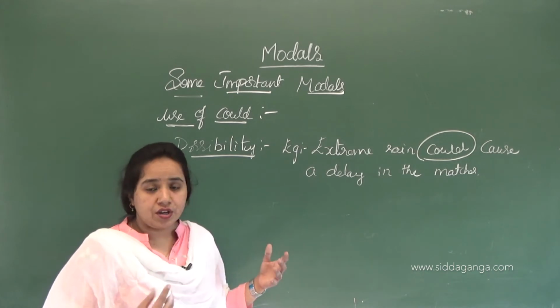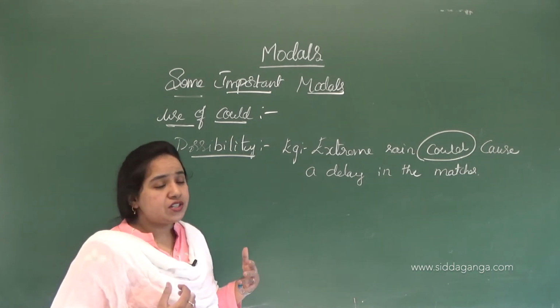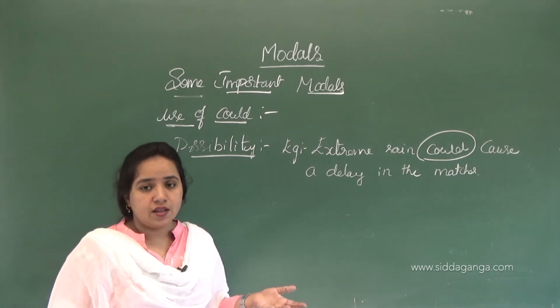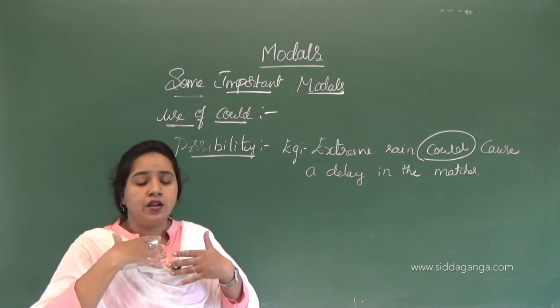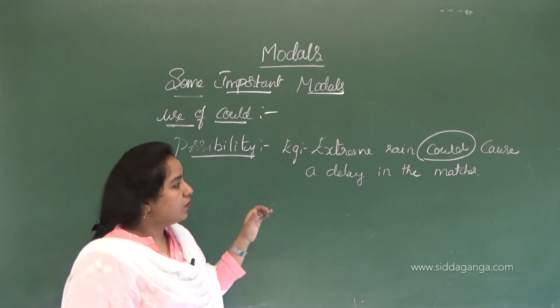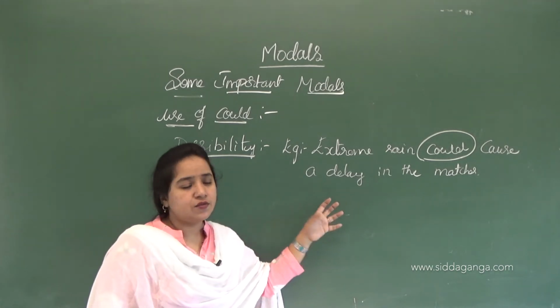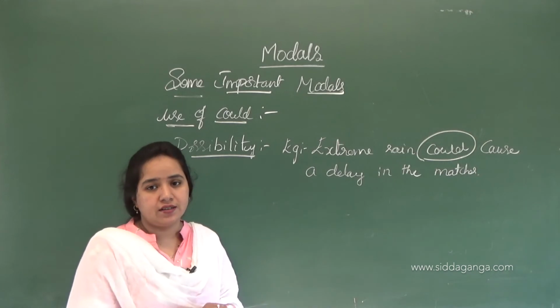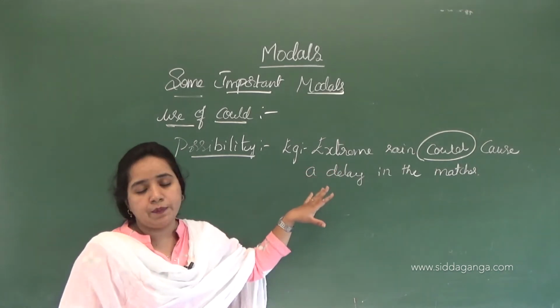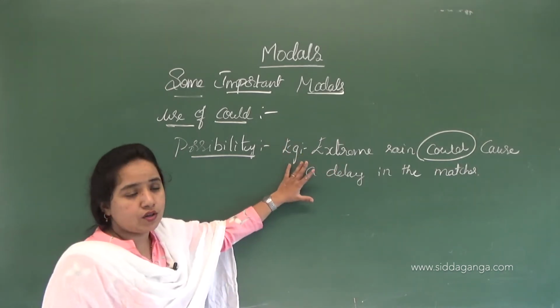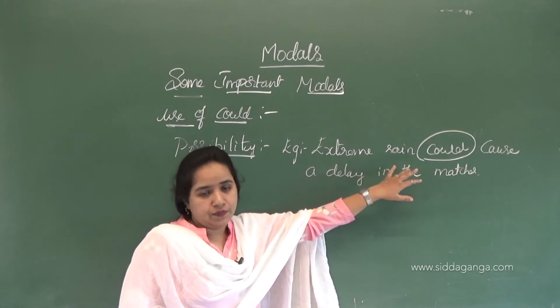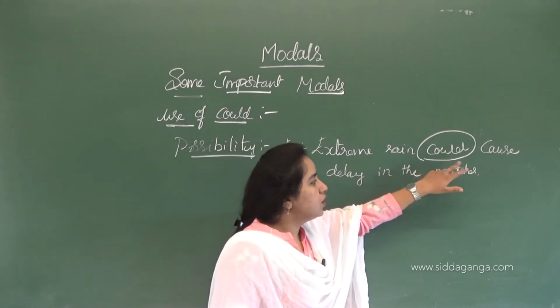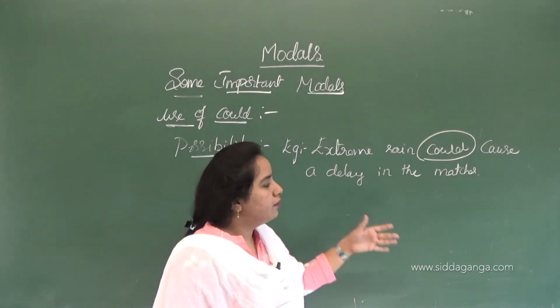So due to the extreme rain, the match is going to be delayed. We are not explaining a lot of things. In only a few words, we can finish that. So with the help of these modals, due to extreme rain could cause a delay in the matches.